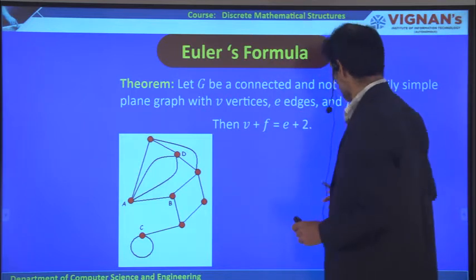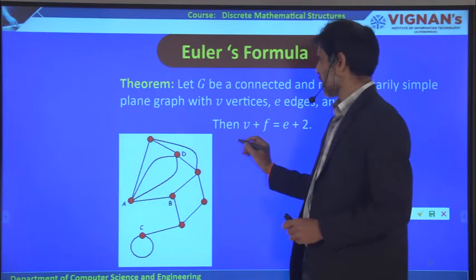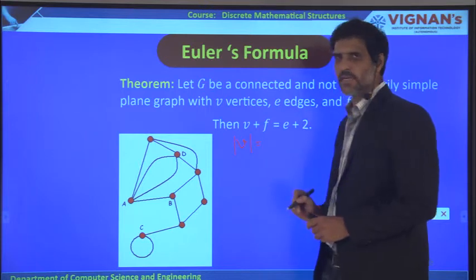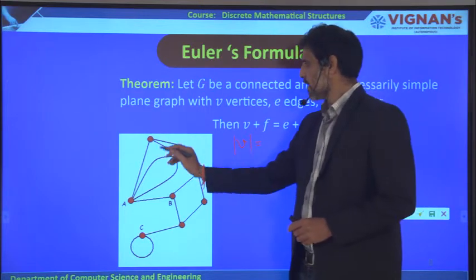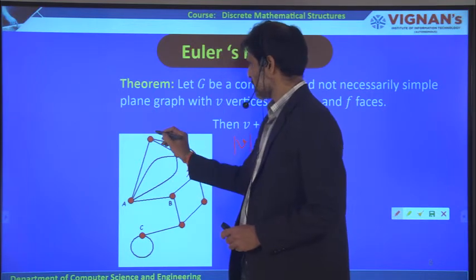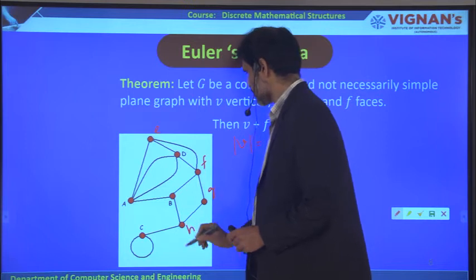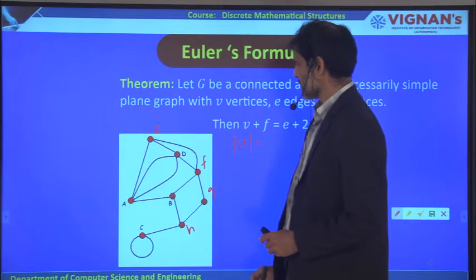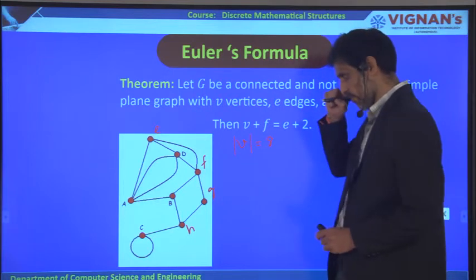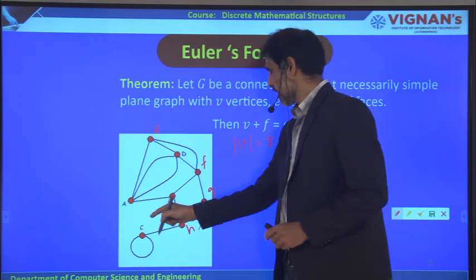To verify Euler's formula for the given graph, what do you need to do? You need to take the number of vertices, which is denoted by modulus of v, or we can write simply v here. So how many vertices are given? See, A, B, C, D, and this is E, F, G, H. Totally 8 vertices are there. 1, 2, 3, 4, 5, 6, 7, 8.